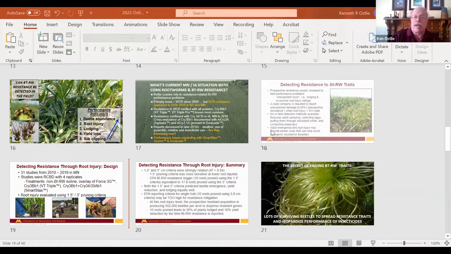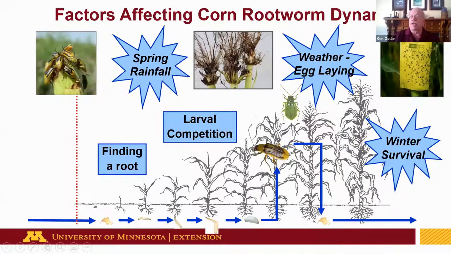If we take a look at population dynamics, it might be interesting to think about what's going on out there right now. If we jump back to the fall of 2020, we had excellent conditions for egg laying, with tremendous amounts of eggs potentially being laid. Then last spring, we got fairly decent planting dates, and so the crop went in relatively early.